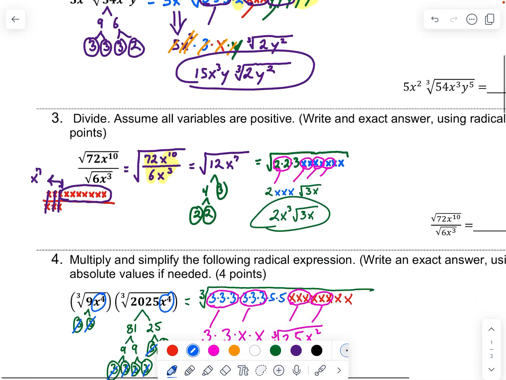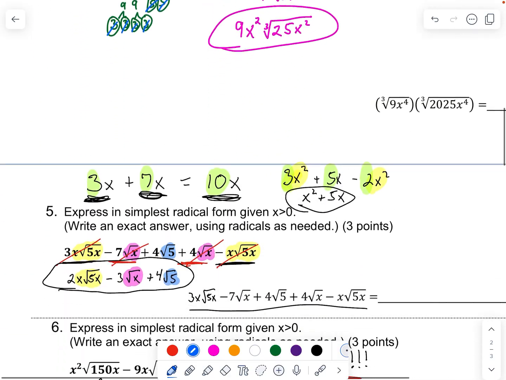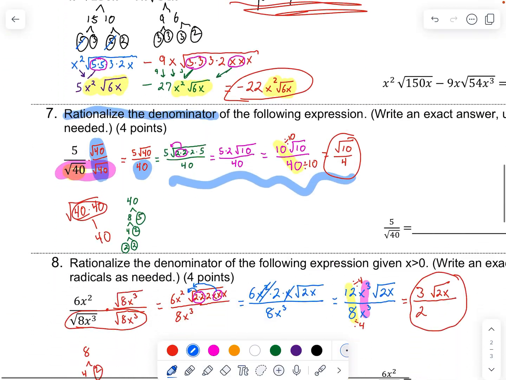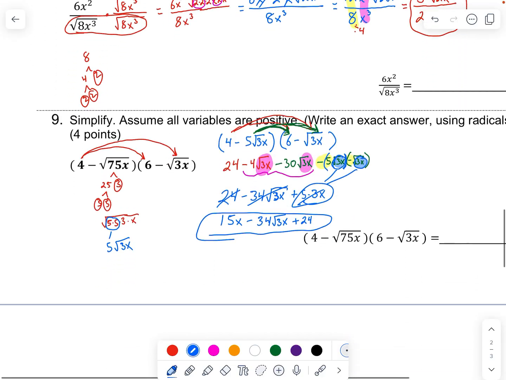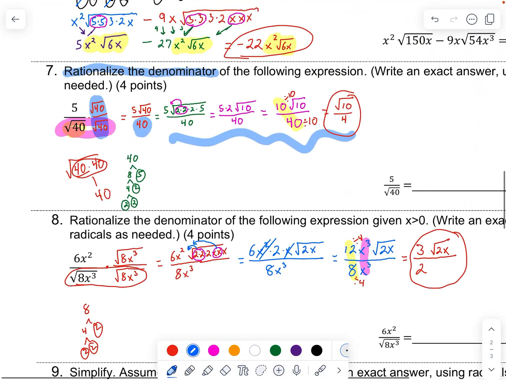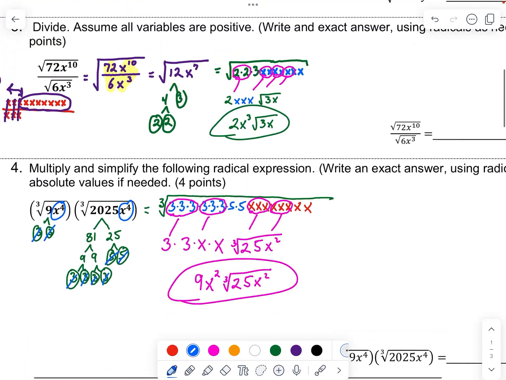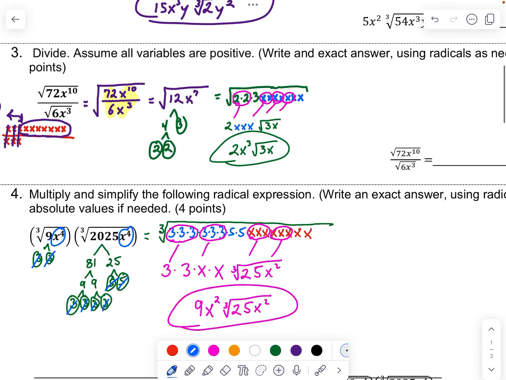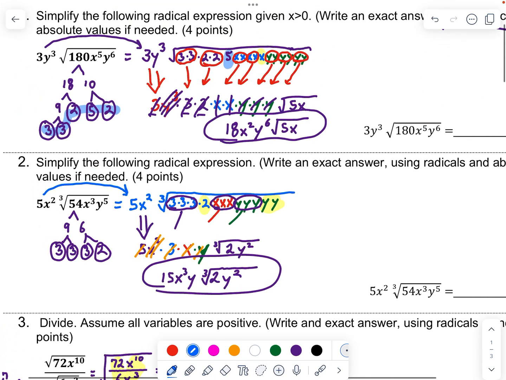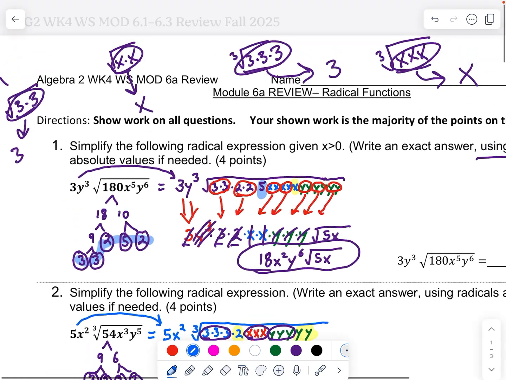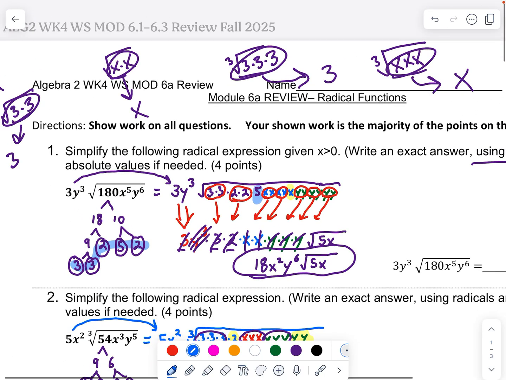Just keep in mind throughout this, we circled pairs and we circled 3 of a kinds when we ended up with a cube root. And there were only 2 cube roots that we had. Here we multiplied a couple cube roots, and in question 2, we simplified. Well, that's our review, and I will see you in class.